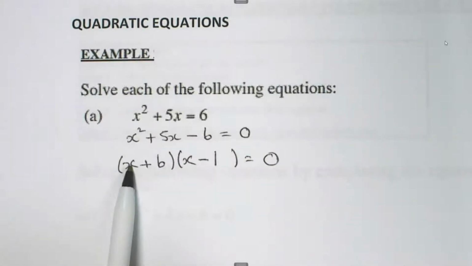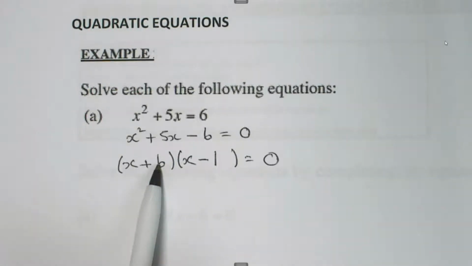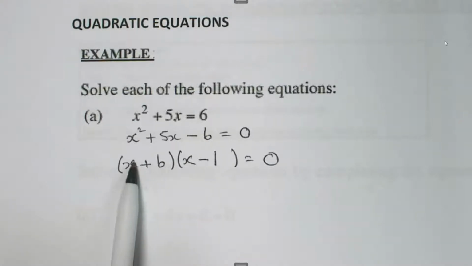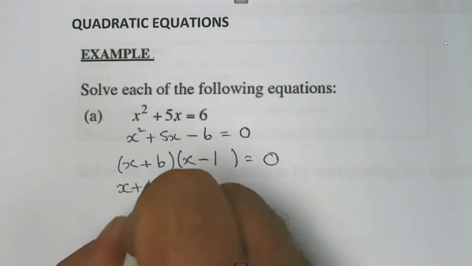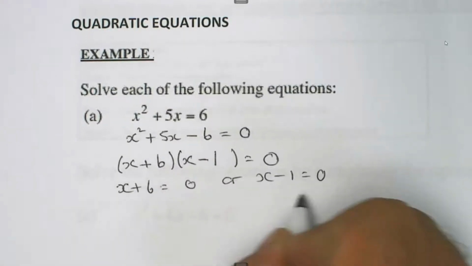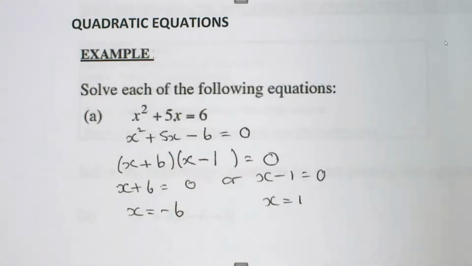If you multiply the outers, x times negative 1, that will give you negative x. And if you multiply the inners, x times 6 is 6x. So plus 6x, negative 1x gives you 5x. So those are the correct factors. So we can say that x plus 6 is equal to 0, or x minus 1 is equal to 0. So x is equal to 1, or x is equal to negative 6.